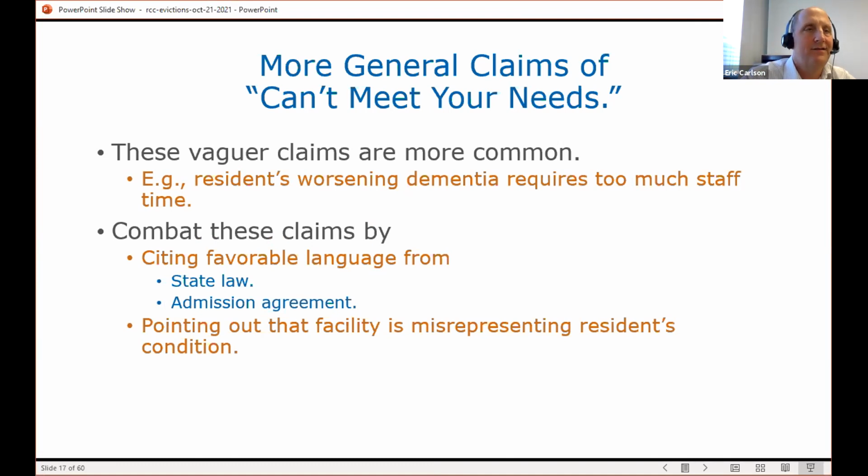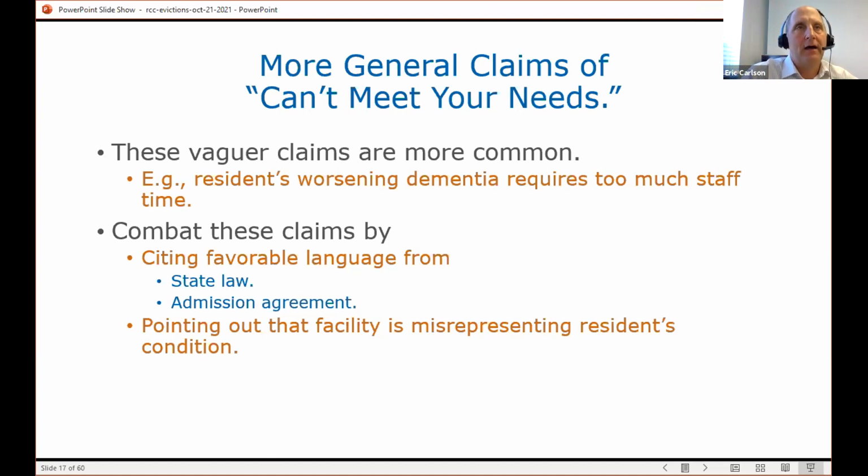It's not that the state law says that this particular condition can't be accommodated in a facility. It's just that the facility says, in a broader, more ad hoc sense, we can't meet your needs. Example listed here, the client has dementia and requires too much staff time, or again, anybody who's listening to this webinar has probably heard multiple variations on this.